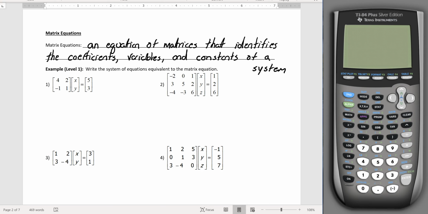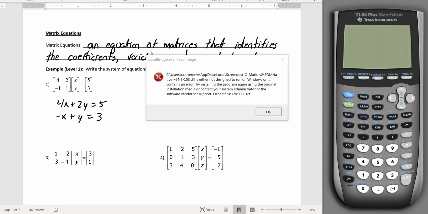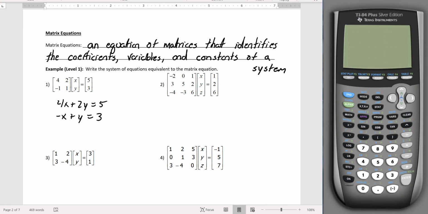So this first one would be 4x plus 2y equals 5, negative x plus y equals 3. This first matrix represents our coefficients. Like I said, coefficients here, variables here, constants here. Looking at this one, we have 3 equations, 3 variables, 3 constants.